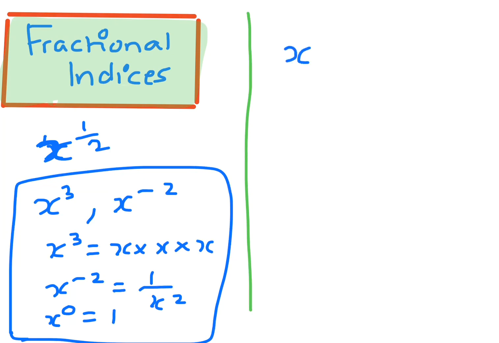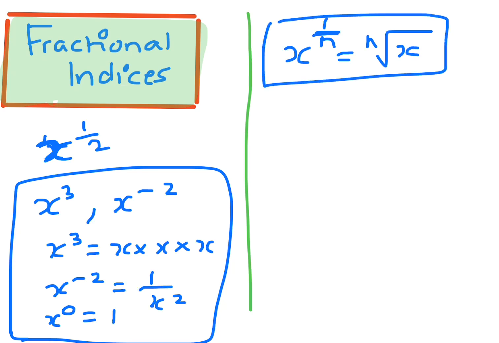Now, if you have x to the power of 1 over a number on the bottom, it's actually the nth root of x. So, for example, if I have 8 to the power of a third, that just means the cube root of 8. The cube root is the opposite to cubing.